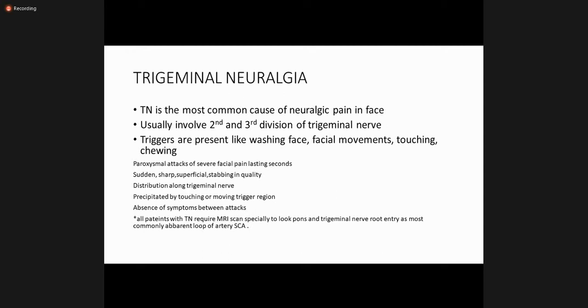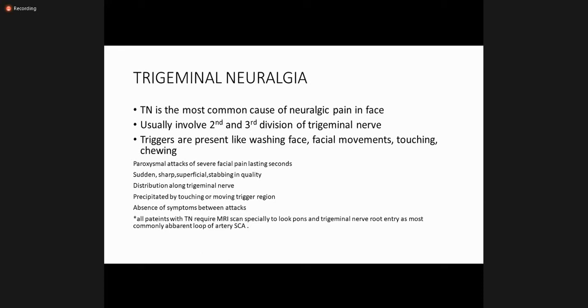The most common trigger factors are washing the face, facial movement because of chewing, and touching. The patient may get stimulus while shaving the face, and sometimes a sharp breeze over the face or windy air can stimulate trigeminal neuralgic bouts.